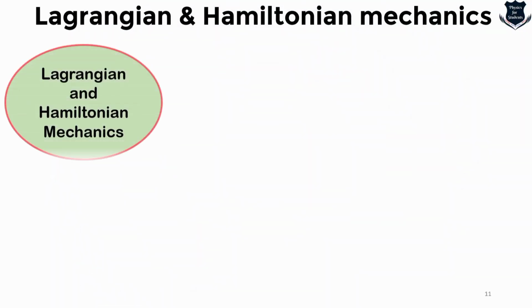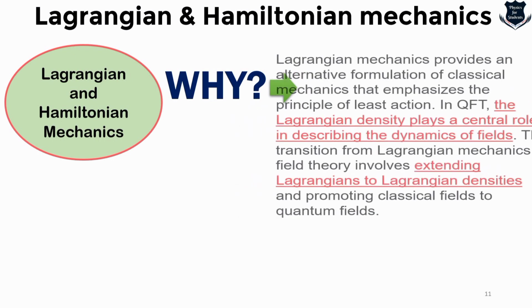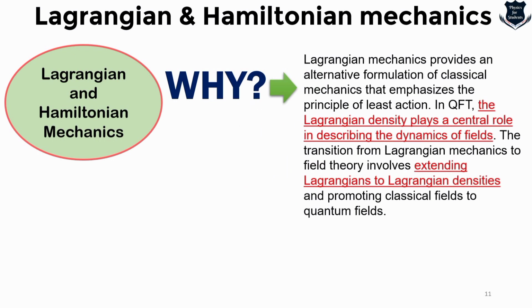Now if I take Lagrangian and Hamiltonian as a whole, and try to find out the reason why it is so important, the first reason would be this one. You see, Lagrangian mechanics actually provides an alternative, another way of formulating classical mechanics. Now why is it so?